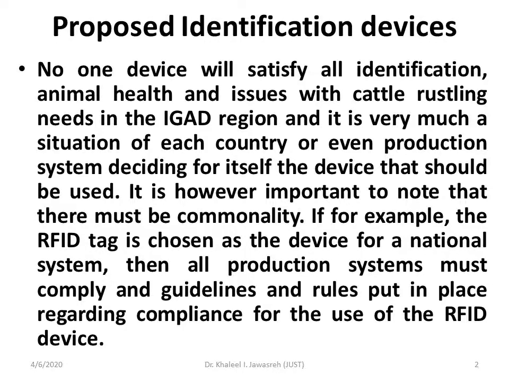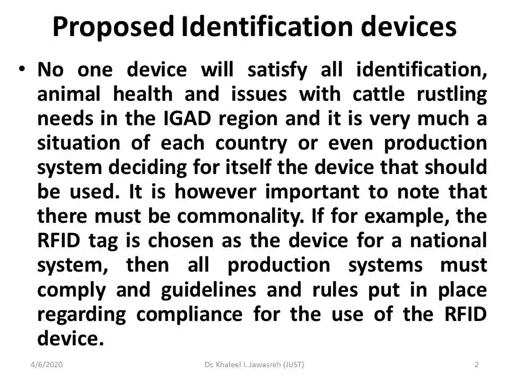So first we do need to go to proposed identification devices. A lot of devices can be found in the market, and all of them can work well, but we do need to look for the durability of those devices, and no one device will satisfy all identifications actually.